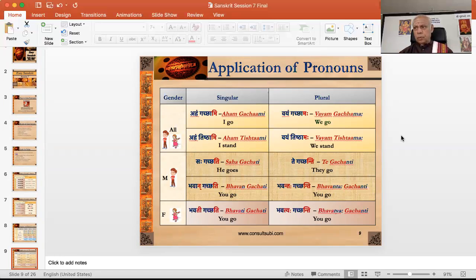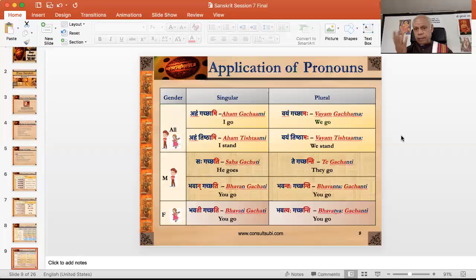When it comes to second person, saha gacchati. Bhavan gacchati. Bhavati gacchati. When you refer to a feminine gender, bhavati gacchati, but still gacchati. When it comes to plural, anti. You had an explanation earlier in the exercise. Te gacchanti, bhavantaha gacchanti, phalani patanti.